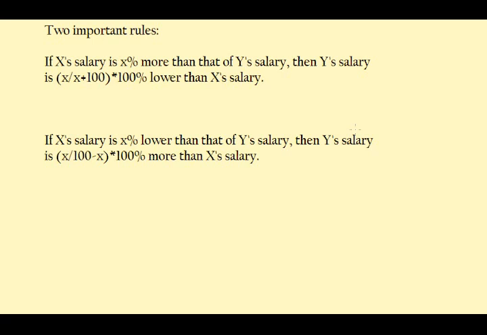And if X salary is X% lower than that of Y salary, then Y salary is X upon 100 minus X into 100% more than X salary. This is an important proof. I need you all to write down the proofs and the rules which I am giving. This would be very beneficial for you to solve other examples from other books and on the day of the exam.